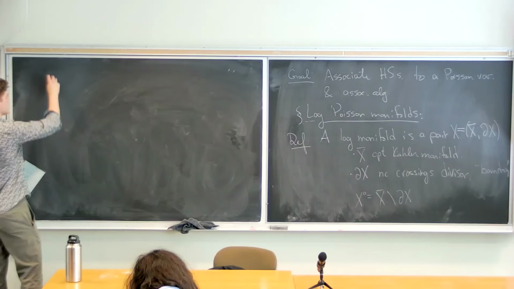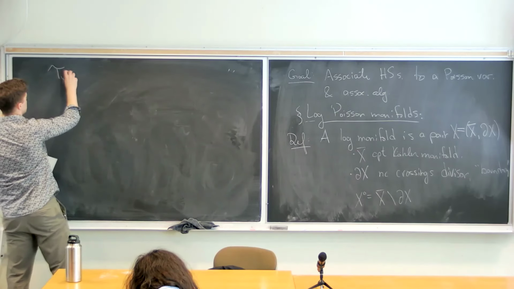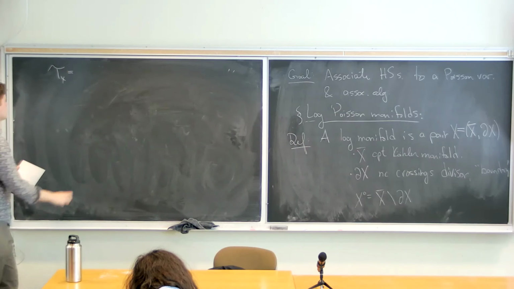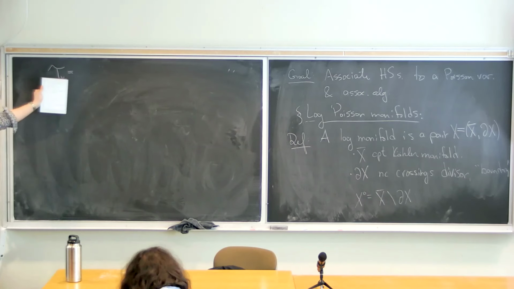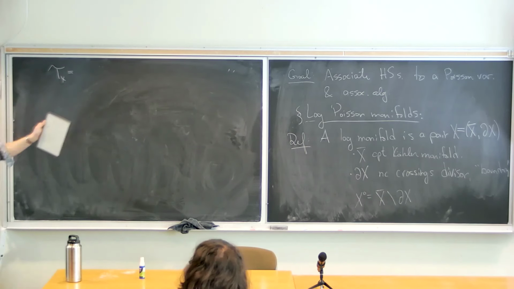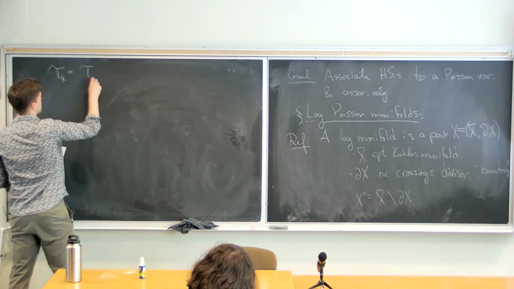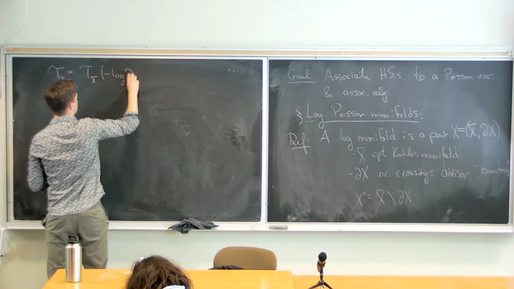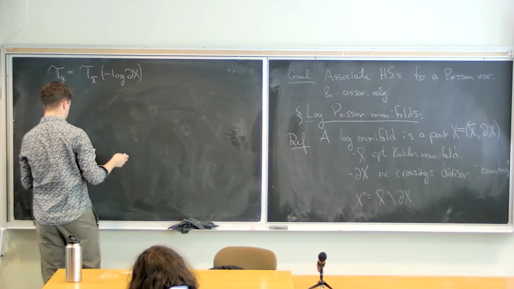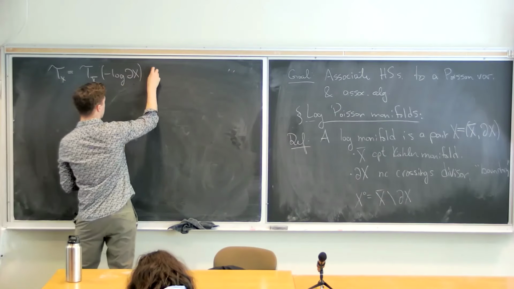All right, so from this data, I can produce the logarithmic tangent sheaf. The notation here is bold, maybe. I'm just writing X, but by X, I mean X is a log manifold, so this pair. I'm going to let this denote the tangent sheaf on the compact object which is tangent to the boundary divisor.